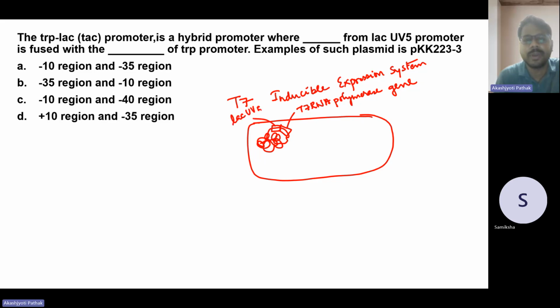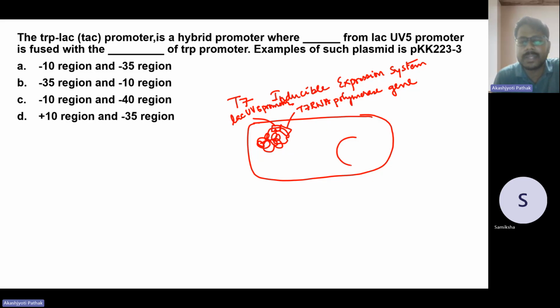This is the LAC UV5 promoter, and there is also a LAC I gene, which codes for a repressor that will bind to this region and inhibit the transcription of the T7 RNA polymerase.